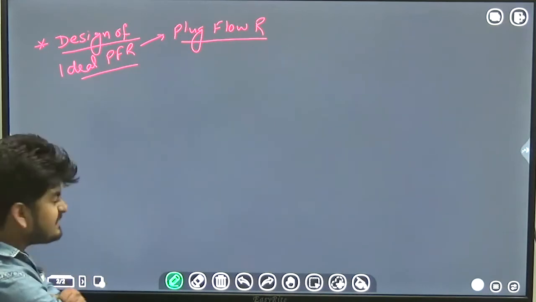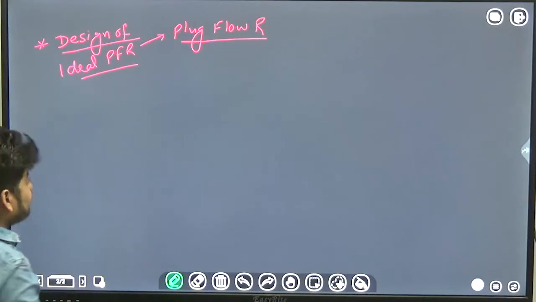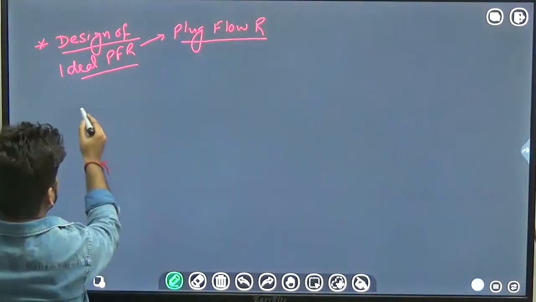What is PFR, guys? PFR is also a continuous flow reactor, but it is not a cylindrical tank, it is a cylindrical pipe.